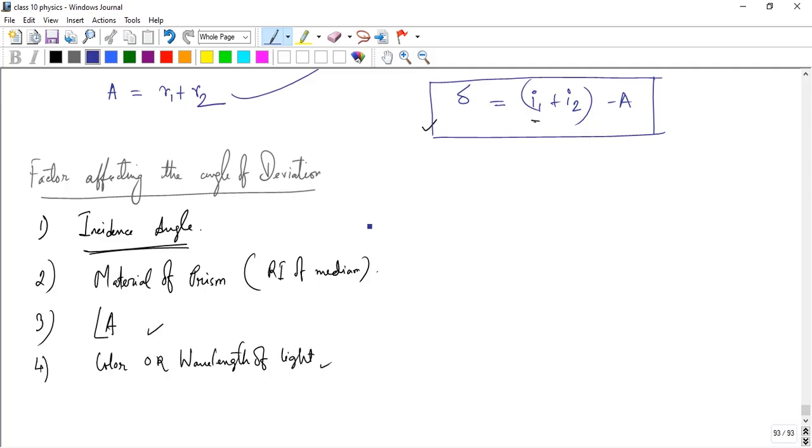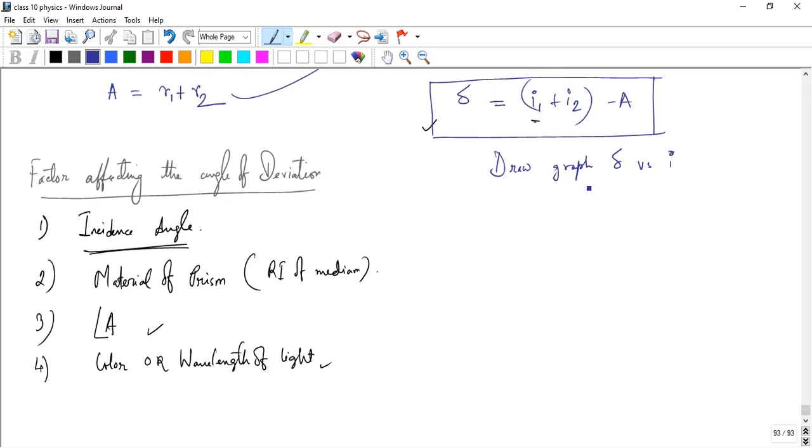Now the next topic: determine the angle of deviation and angle of incidence. So now we try to draw a graph of delta versus I, the incidence angle.